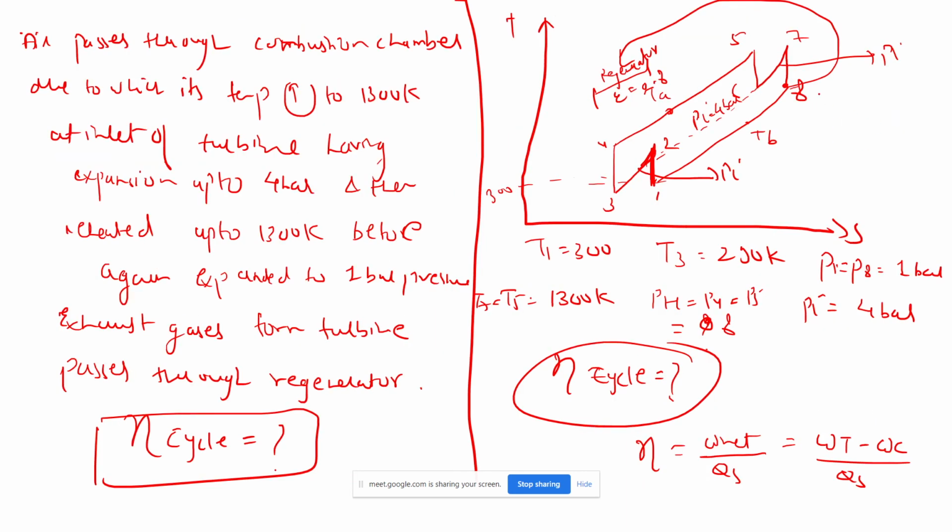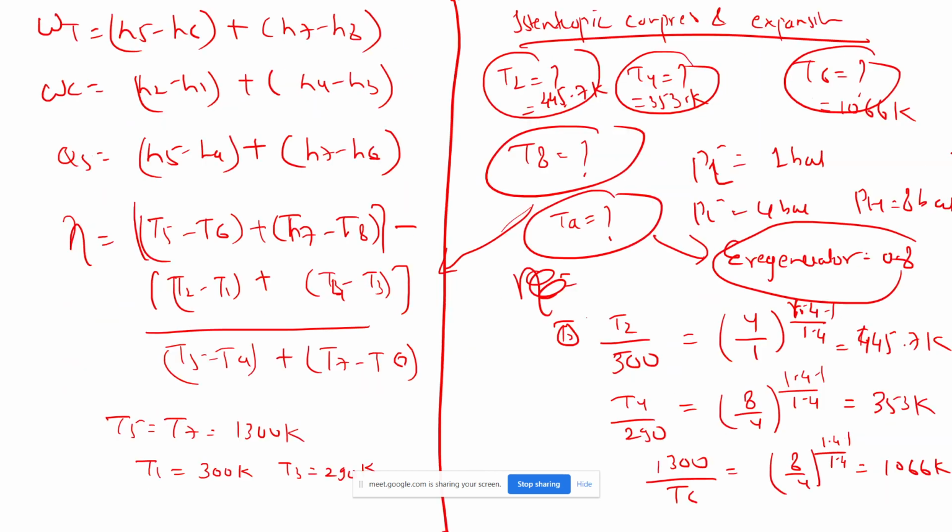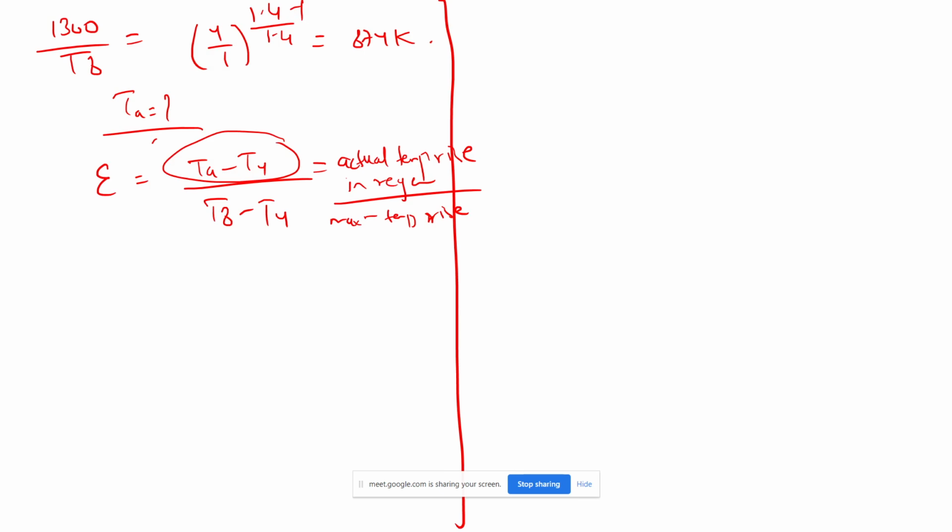So the maximum temperature rise we can get is T8 minus T4, and the actual temperature rise we are getting is Ta minus T4. So this will be the effectiveness. That's what I have mentioned here. It is 0.8, it is given.